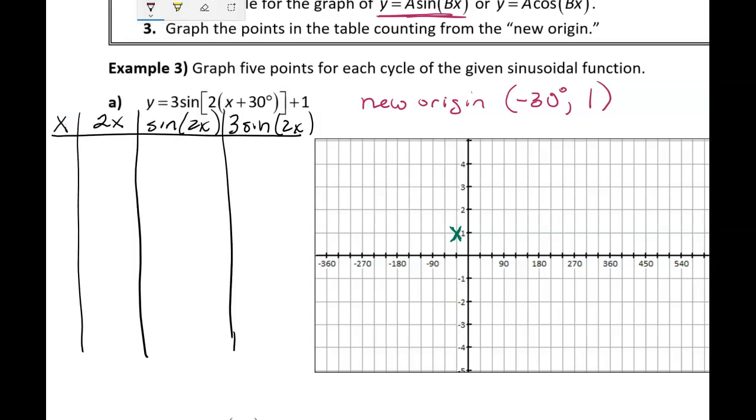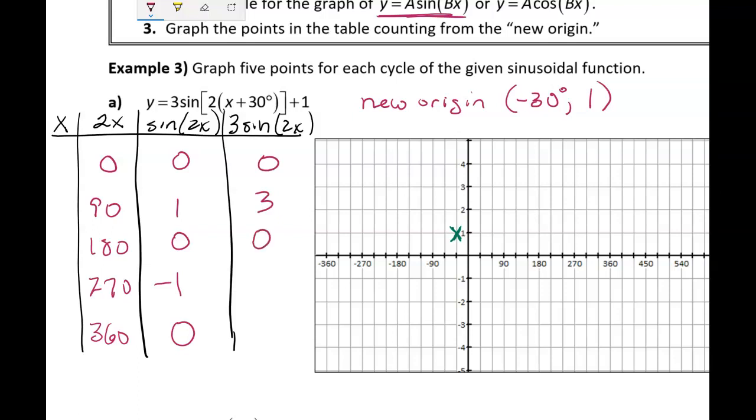All right, in the 2x column, that's where we're going to put our quadrantal values. So 0, 90, 180, 270, 360. And then the sine of those would be 0, 1, 0, negative 1, and 0. And if we keep moving right, 3 times those values would be 0, 3, 0, negative 3, and 0.